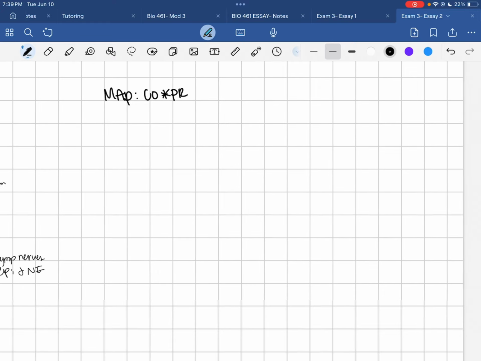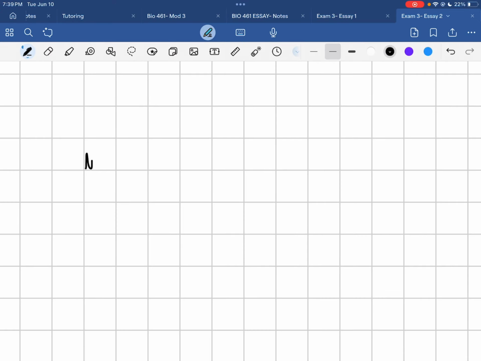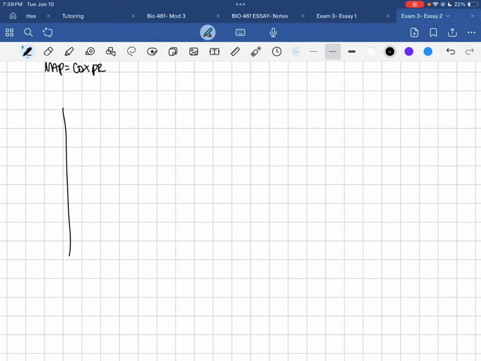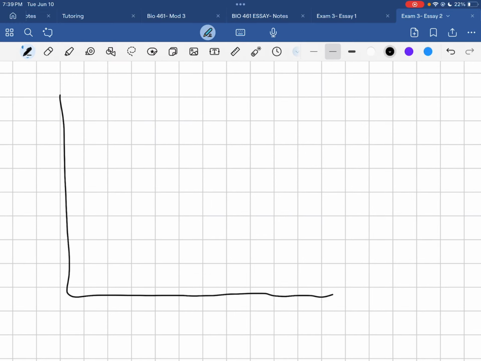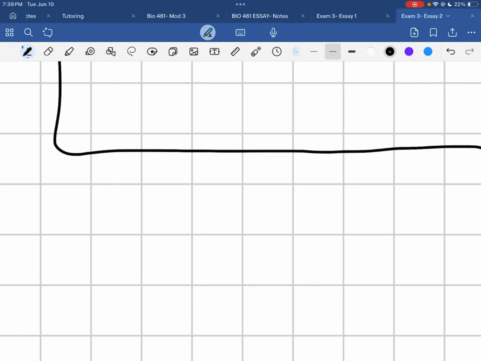We're not going to mess with that though. So MAP is equal to cardiac output times peripheral resistance. So we're going to draw this right here.